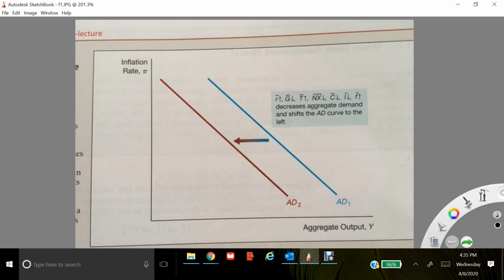Okay, so chapter 22 goes through all the mechanics necessary to analyze an economy. And so in order to do that, we're going to develop and study three curves actually.